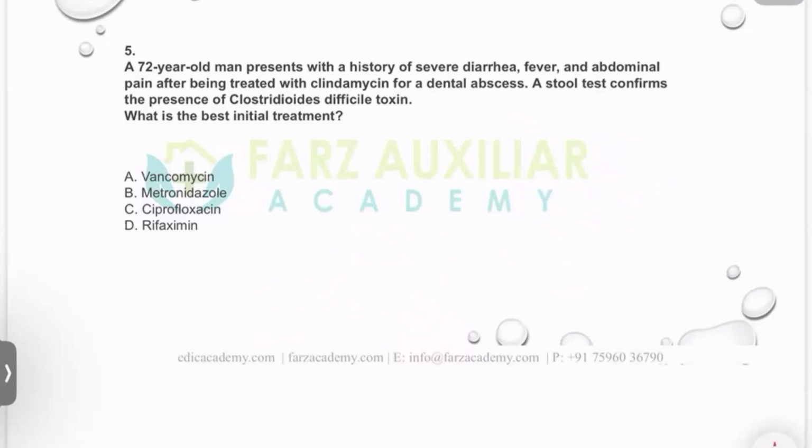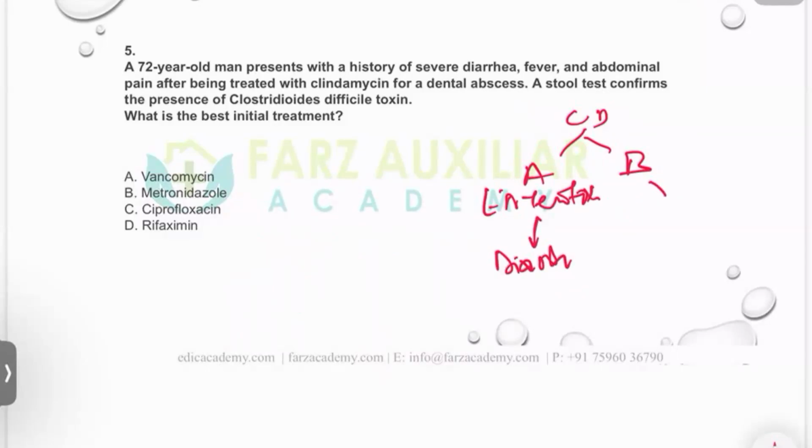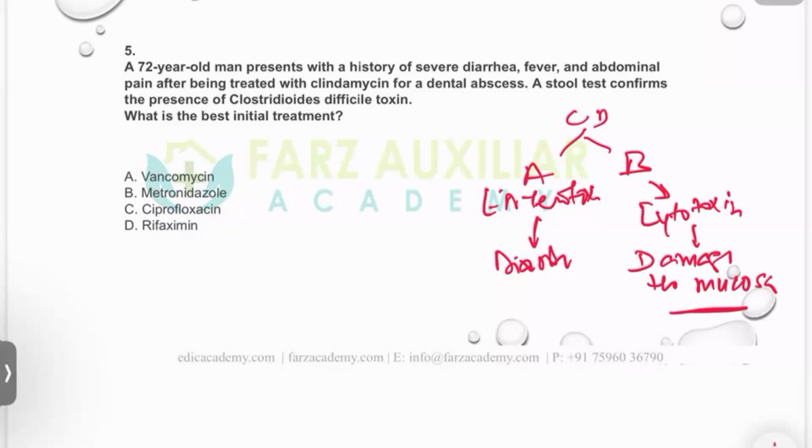So basically it produces two types of toxin, toxin A and B. Toxin A is known as enterotoxin, which causes diarrhea, and B is cytotoxin. It damages the mucosa. So when the colonic mucosa is damaged, that is when colitis happens.